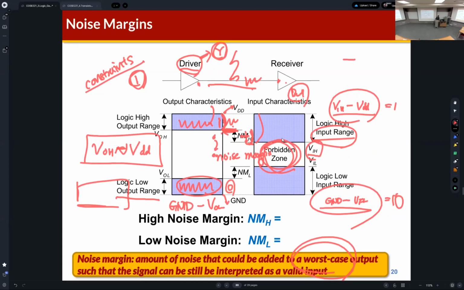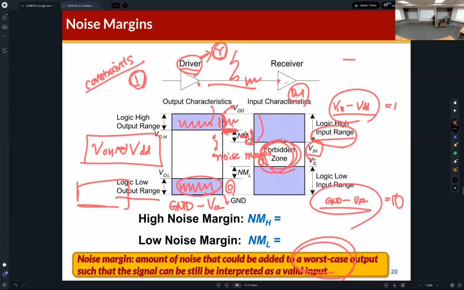This is just a constraint. It's similar to the specification of a system. If we design a certain system, we need to consider the constraints of the system. We learned about the output characteristics of the driver and the input characteristics of the receiver. As you can see, these drivers and receivers are buffers.